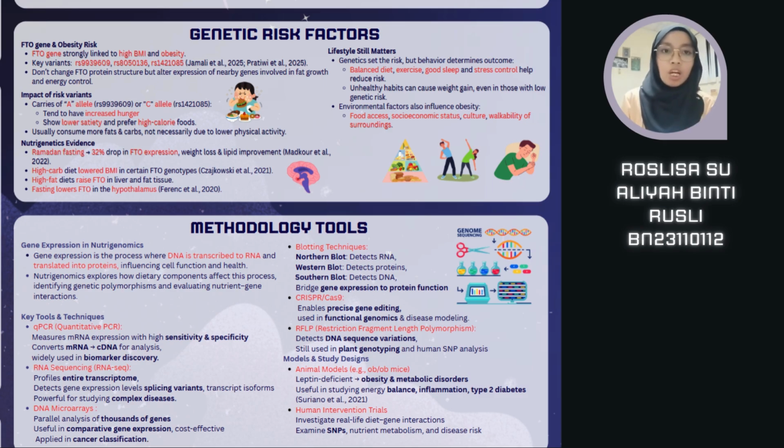A balanced diet, regular physical activity, proper sleep, and also managing stress can all help reduce the risk. And don't forget environmental influence like food access, income level, culture, and how walkable your neighborhood is. All of this can affect your weight regardless of genetics.